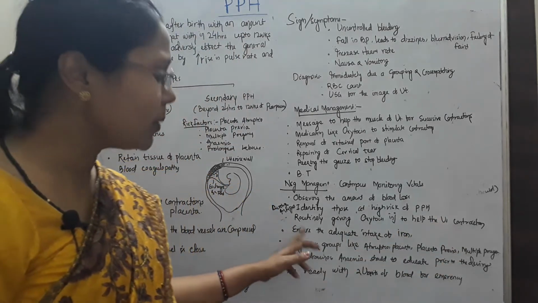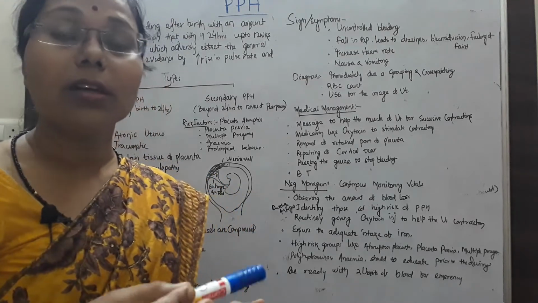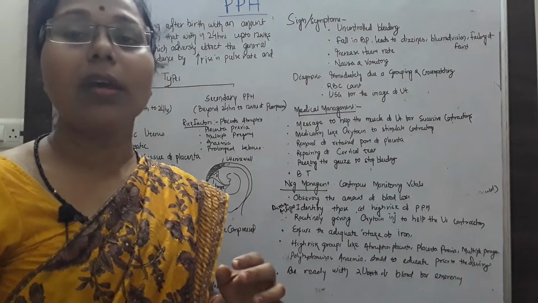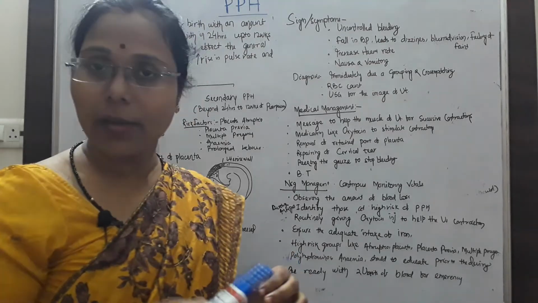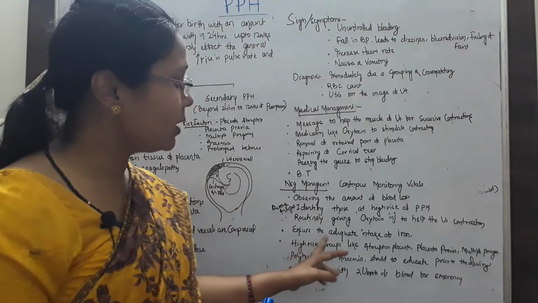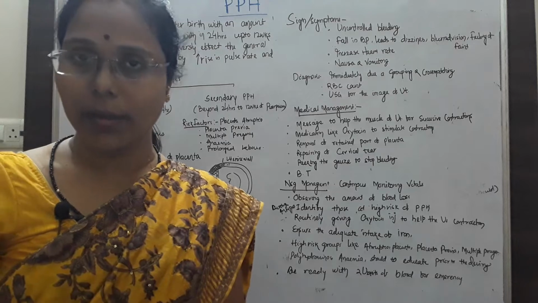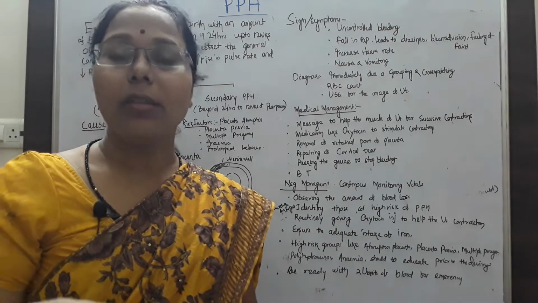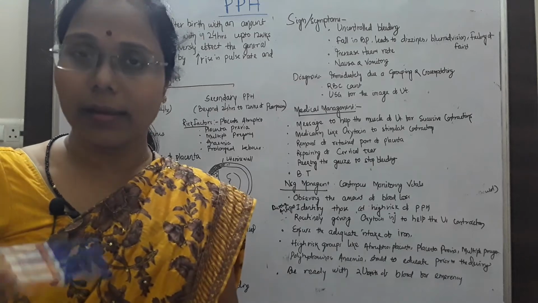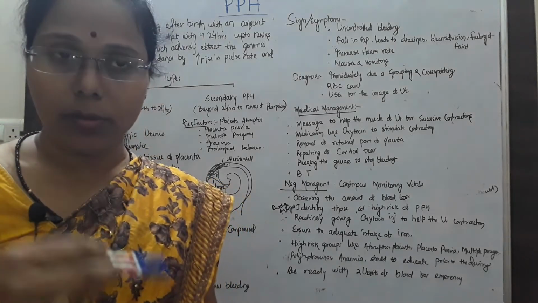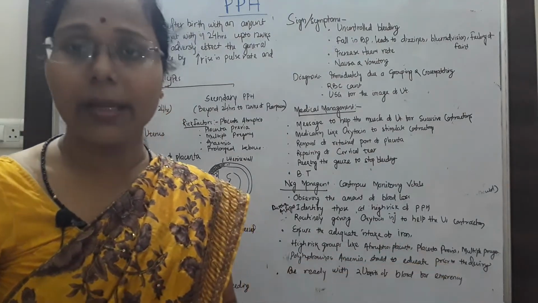In the intranatal period, what do we do? We give oxytocin injections to observe the contractions and for good contraction for the delivery of the placenta, and ensure the intake of iron. If the woman comes for 2-3 checkups, at that time also we advise them to take iron and a healthy diet to avoid anemic conditions.